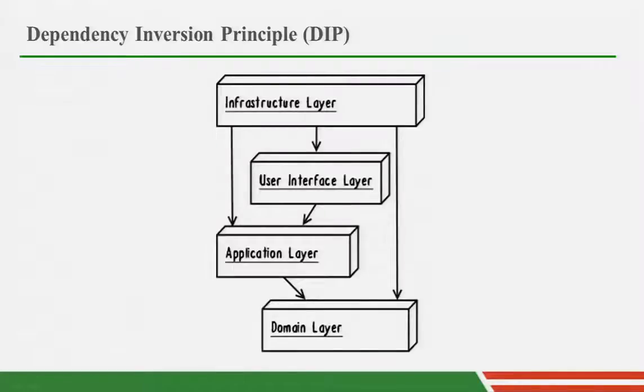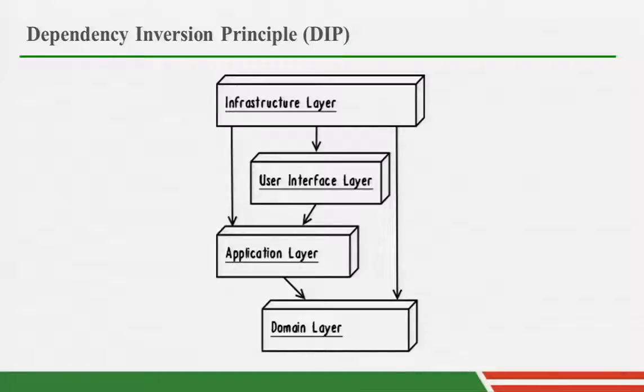Using a more modern way of looking at this, we could take the SOLID principle of dependency inversion and kind of turn the model upside down a little bit and make the infrastructure actually dependent on all these other things, by the infrastructure implementing the interfaces that are defined in these lower layers.